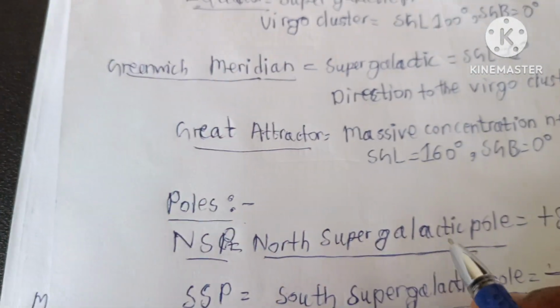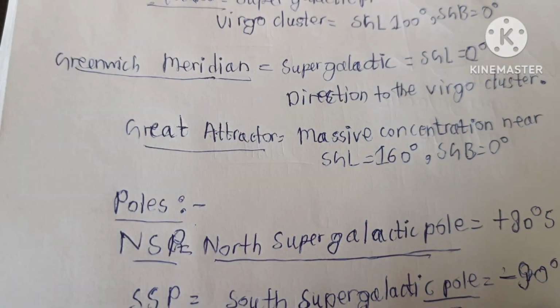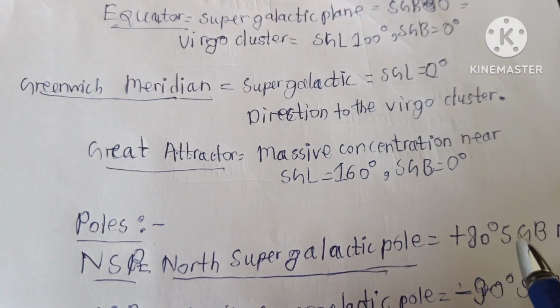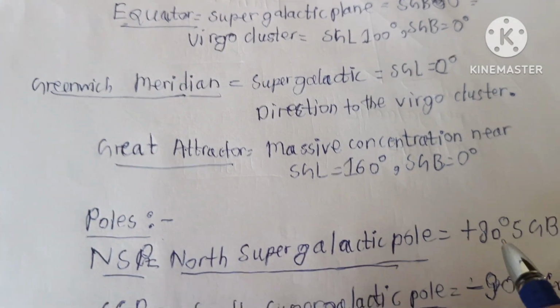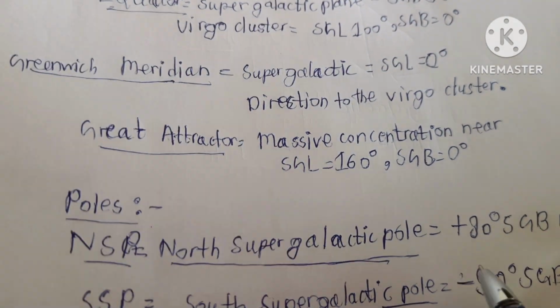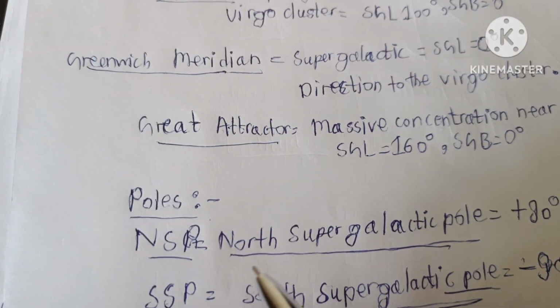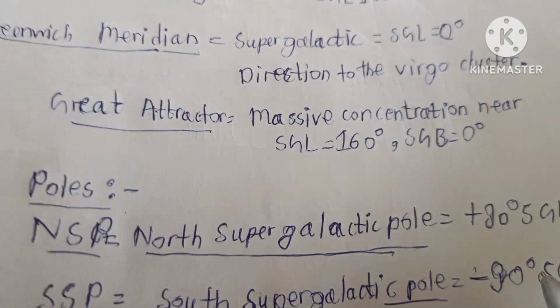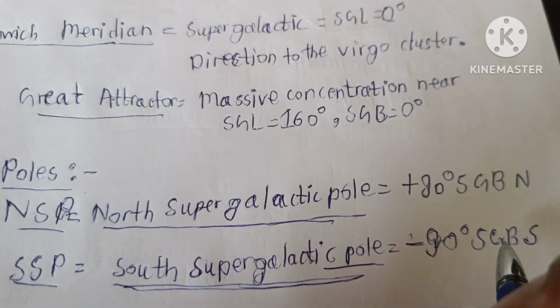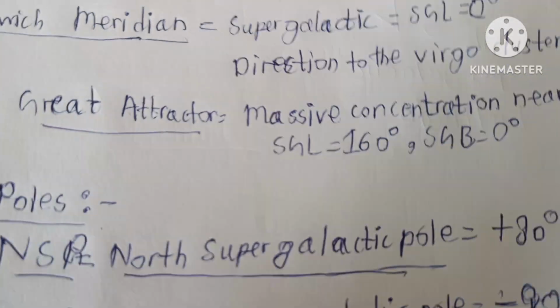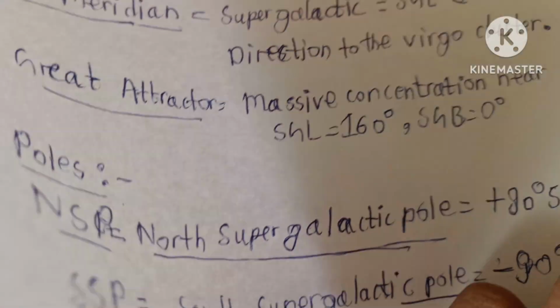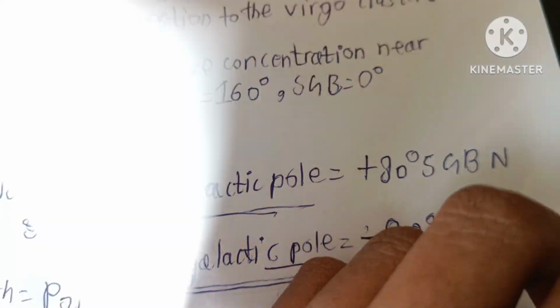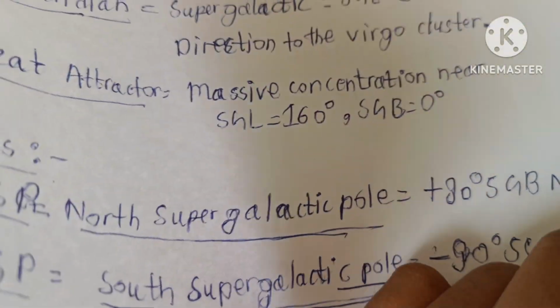Poles: NSP, the north supergalactic pole, at plus 90 degrees, SGB north, and SSP, the south supergalactic pole, at minus 90 degrees, SGB south.